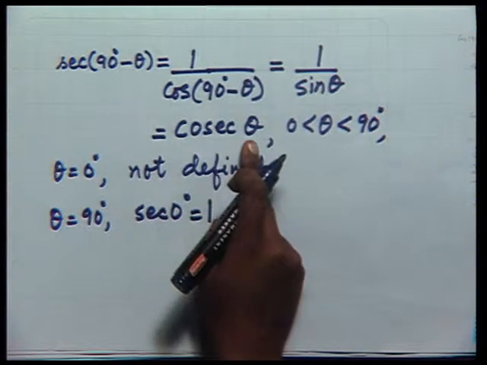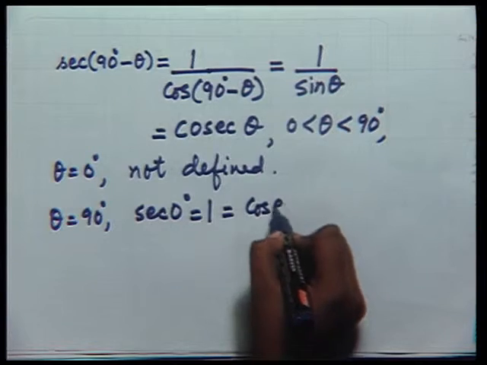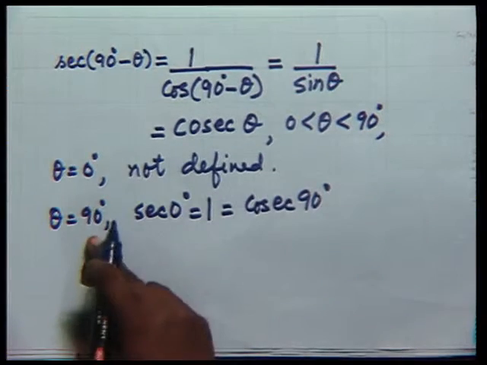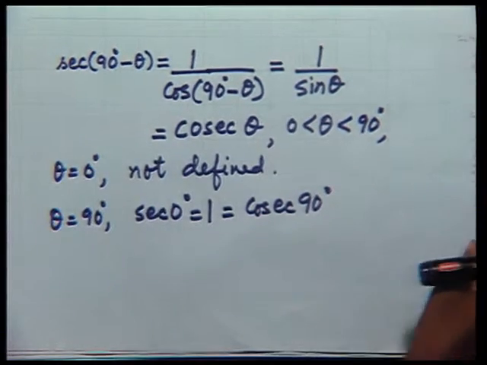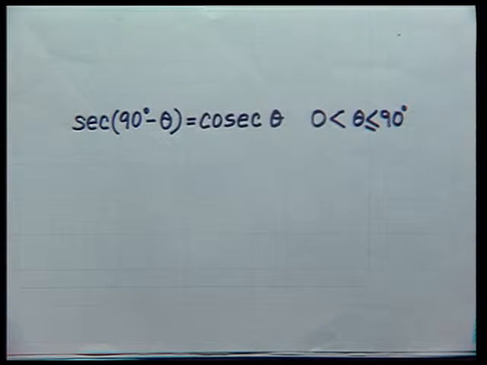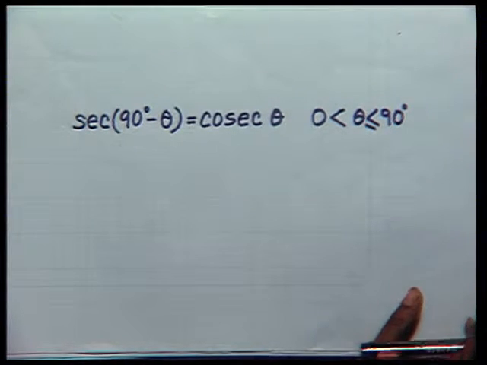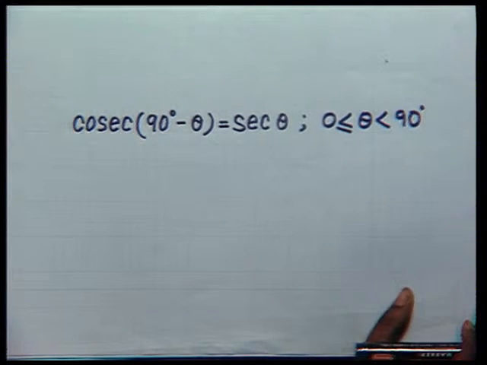Also, cosec 90 is 1. Thus, we find for theta is equal to 90 degree, this equation is defined, and hence we have secant (90 degree minus theta) is equal to cosec theta whenever theta is greater than 0, but less than or equal to 90 degree. Similarly, we have cosec (90 degree minus theta) is equal to sec theta whenever theta is greater than or equal to 0, but less than 90 degree.